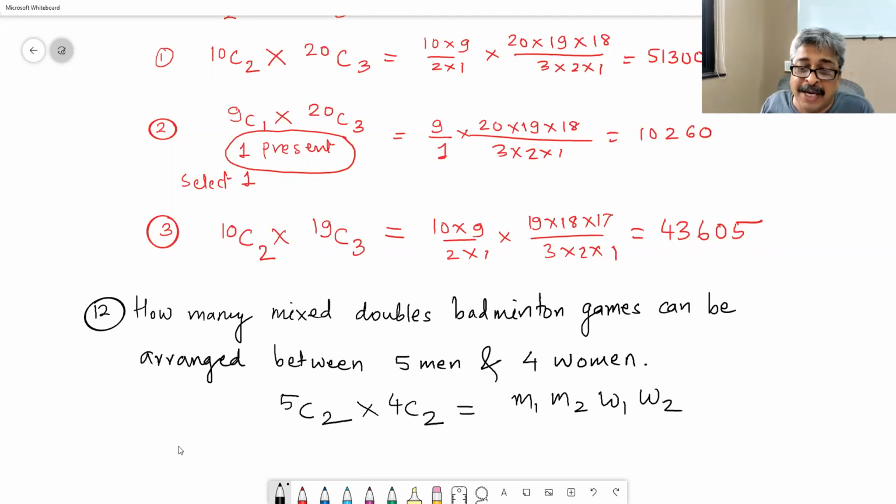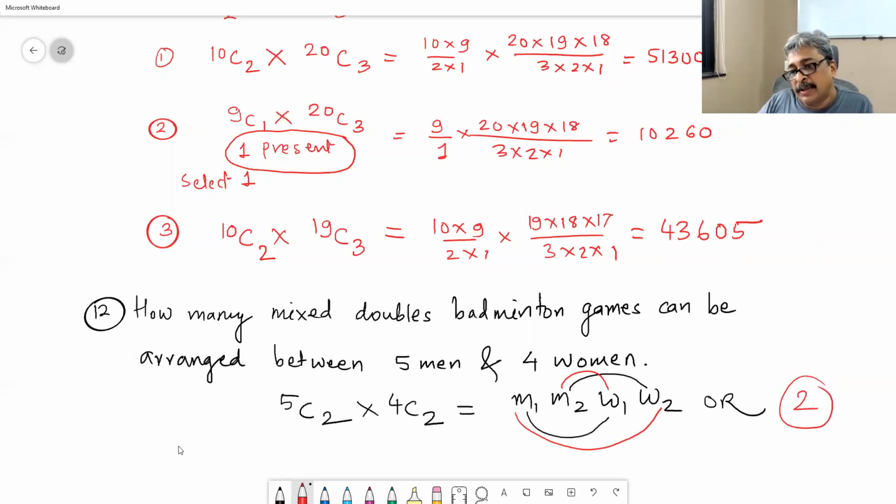Now, if these 4 are on the court, how many matches can they play? M1W1 versus M2W2, or M1W2 versus M2W1. So the moment we collect 4 people on the court, there are 2 matches possible.